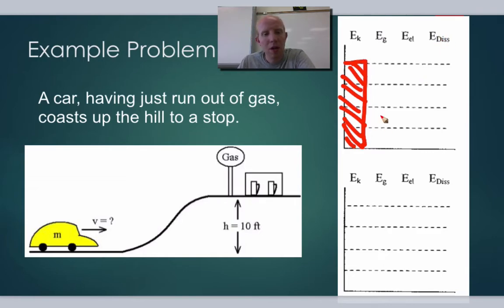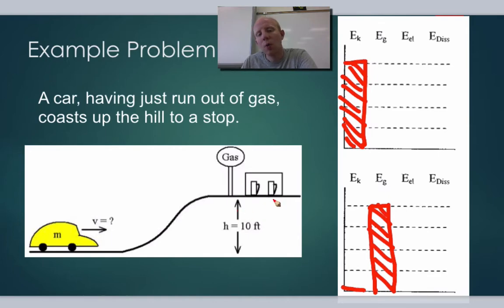Now, assuming this is completely frictionless, that car will coast uphill and go 10 feet in height. Now, we know it comes to a stop, so there's no more kinetic energy. That has gone to zero. And we didn't lose any energy to heat, so we'll assume that the rest of this energy went to gravity. So it runs out of gas, and all that energy is now stored in potential energy as it's up on the hill.